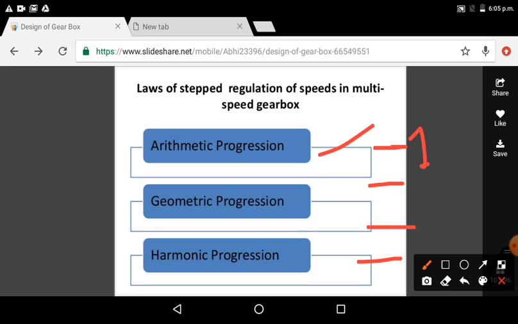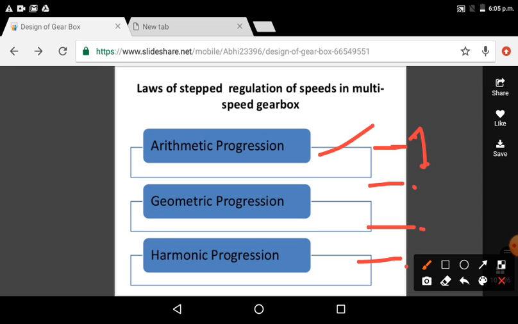If you have four different spindles, then the difference of the speed of the first spindle and second spindle, and also the difference of the speed of spindle number 2 and spindle number 3, always remains constant, same as the difference of spindle number 3 and spindle number 4, right?